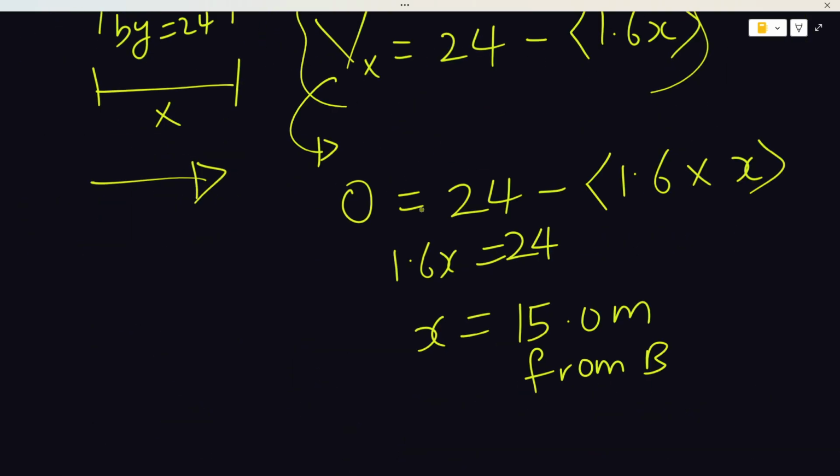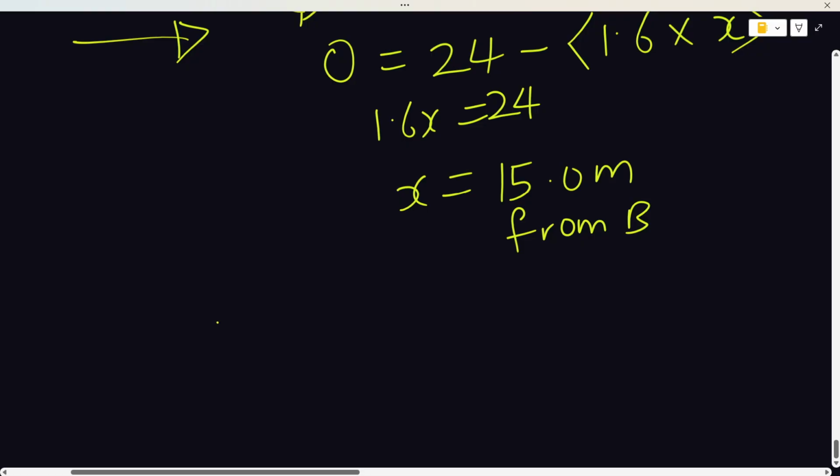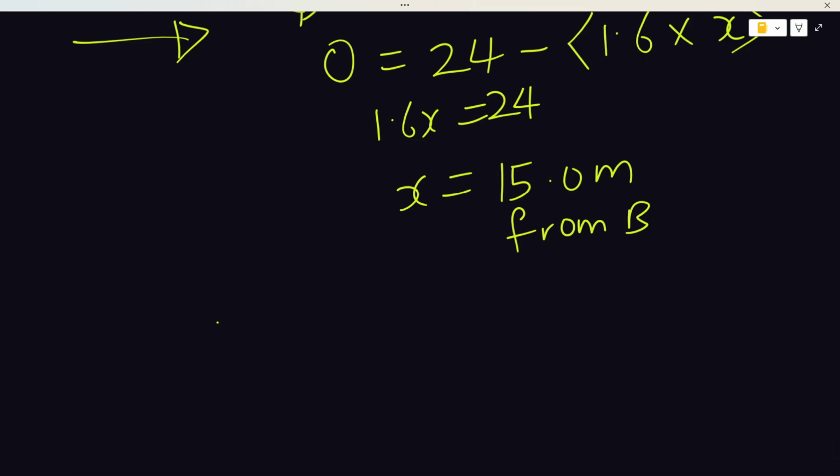So, from B. So what is left? Now we have our shear force. Let's do our bending moment.